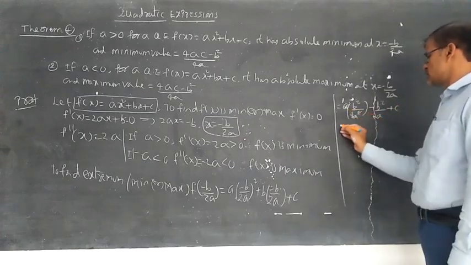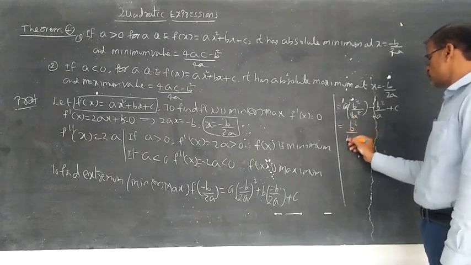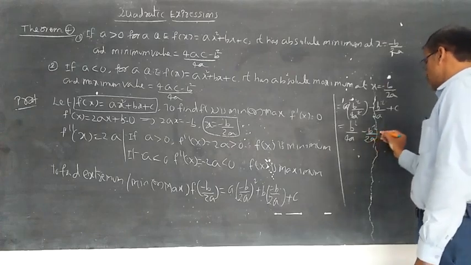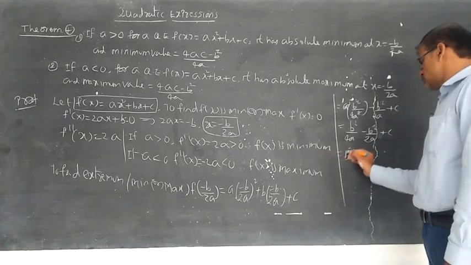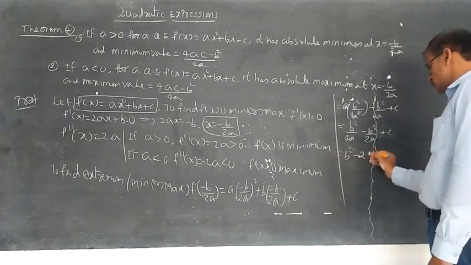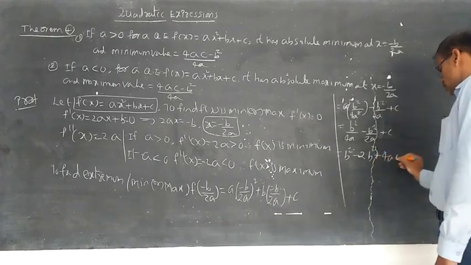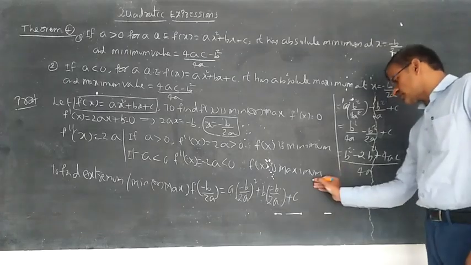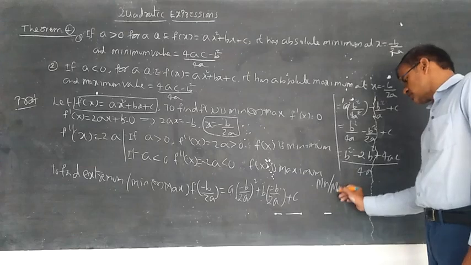The a will get cancelled. So it is b square by 4a minus b square by 2a plus c. Take the LCM, and you get b square minus 2b square plus 4ac, whole by 4a. Therefore, you can conclude the min or max value.